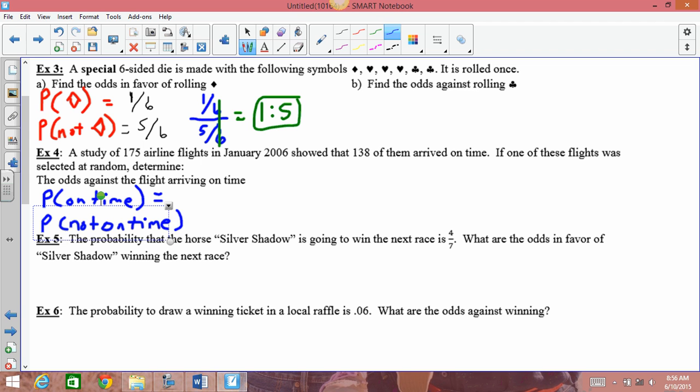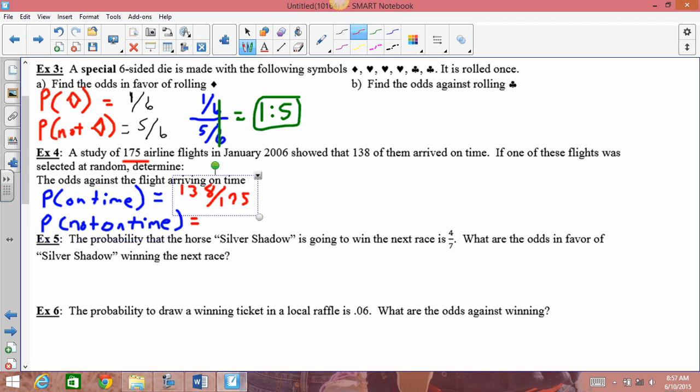So the probability that it's on time, it told me in the problem that 138 of them arrived on time. So that would be 138 divided by the 175 flights that were observed.